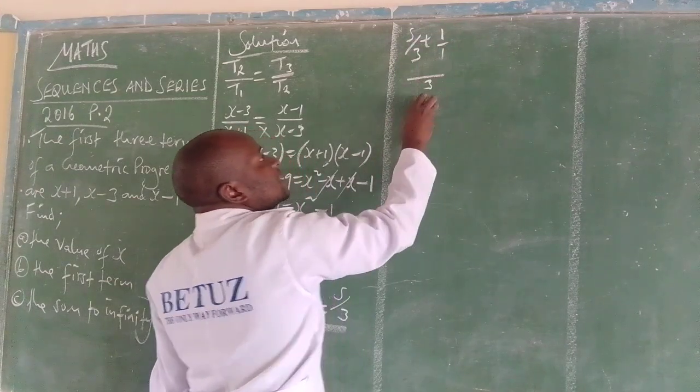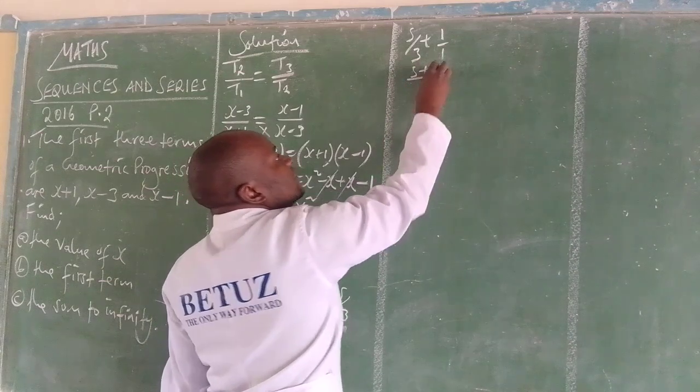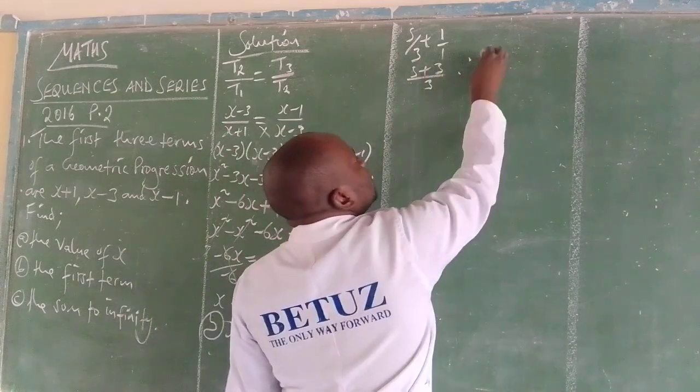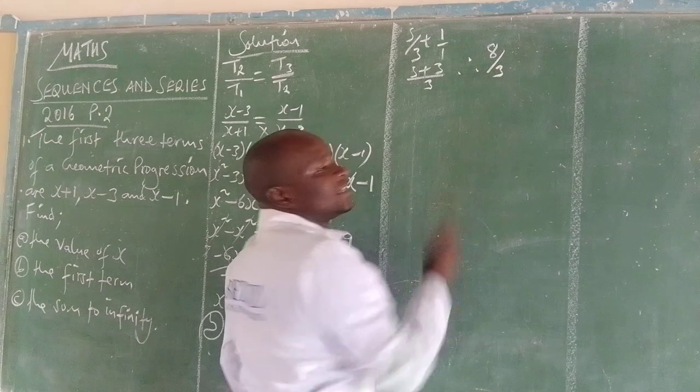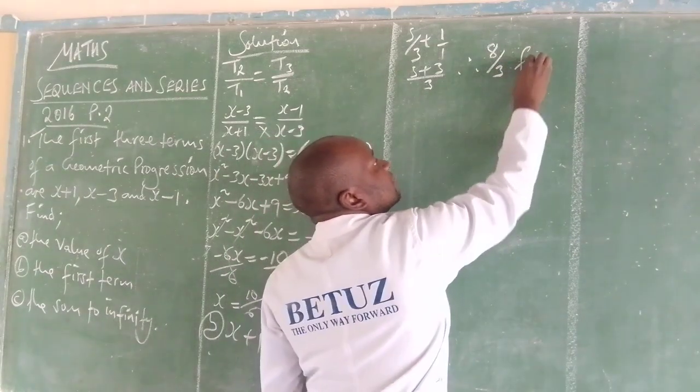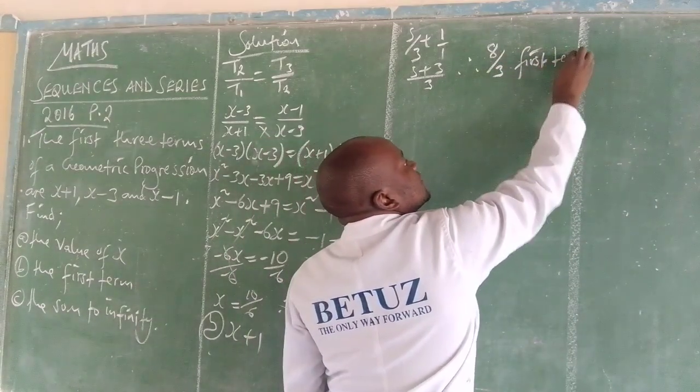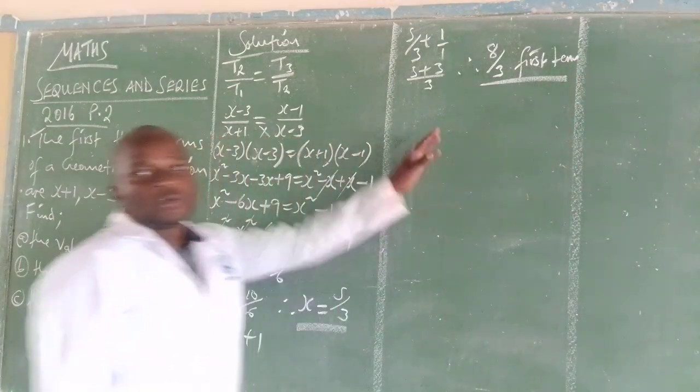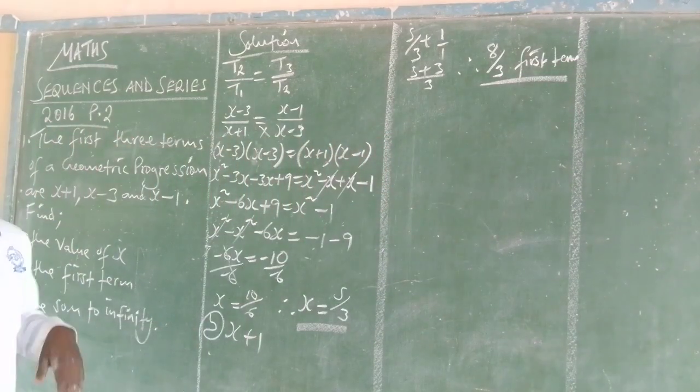The LCM is 3. This gives us 5 plus 3, which is 8 over 3 as our first term. This is the first term they're looking for in question B.